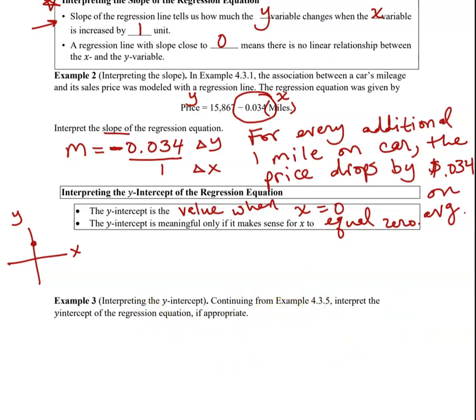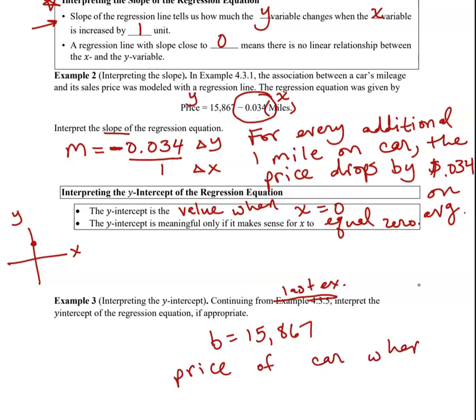Continuing from the last example, interpret what the y-intercept means. Well, in the last example, first of all, the y-intercept, what number is it? It's that 15,867. That would be the price of the car when x equals 0.